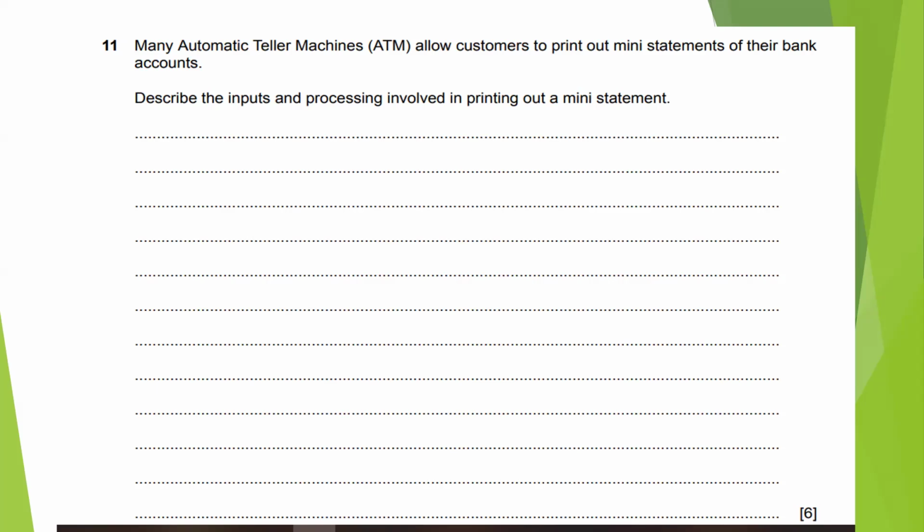Then it will ask you for your PIN. Then it will ask you what you want to do, for example, whether you want to take the cash out from the card, or whether you want to insert cash in the card. So it's going to ask you those questions, those options. Then you can select the option.